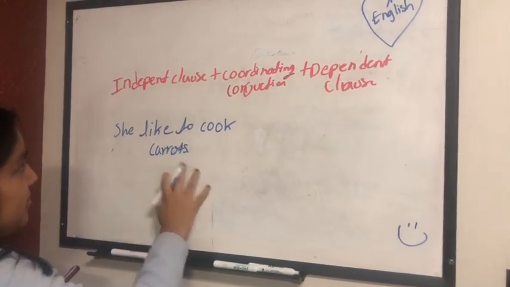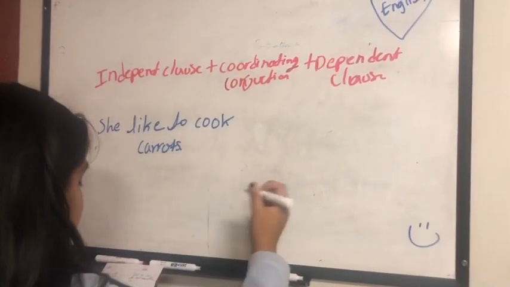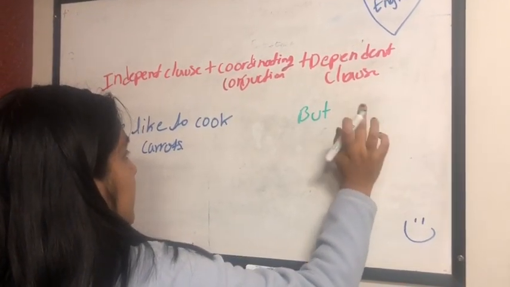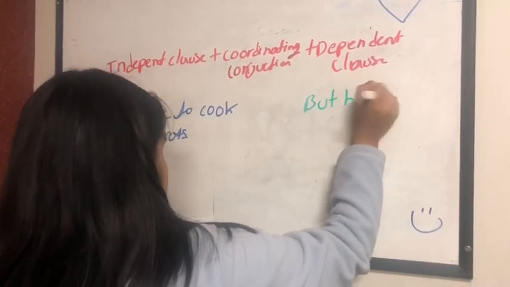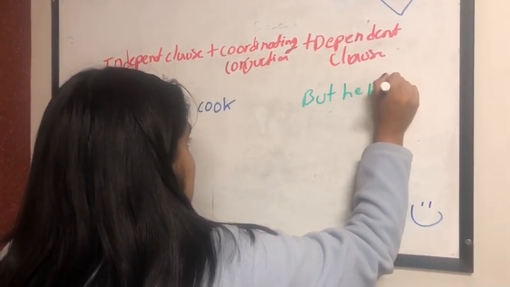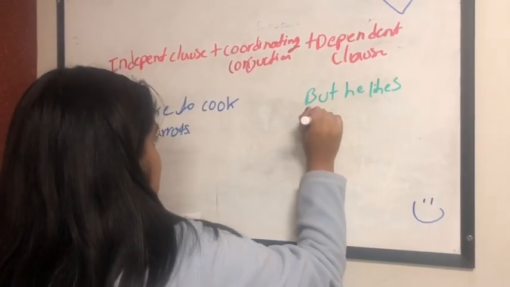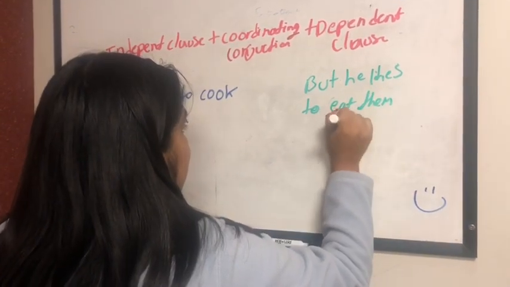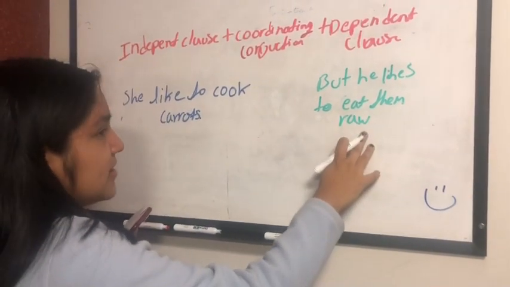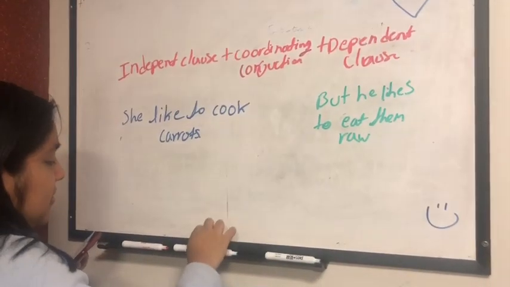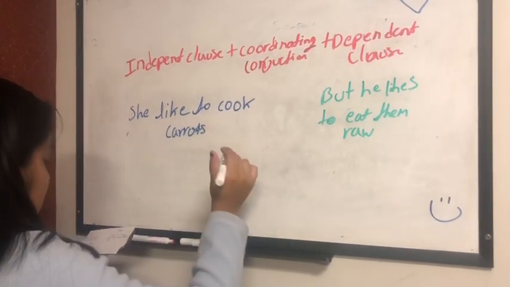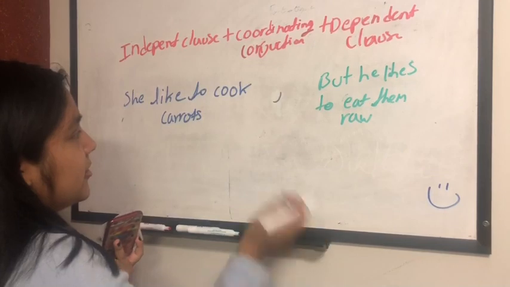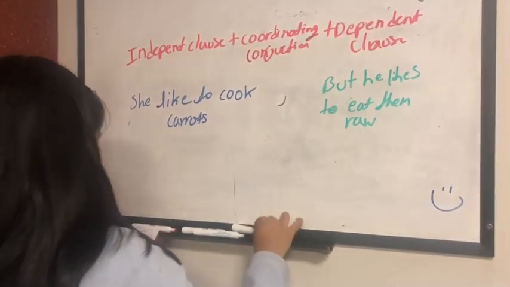Now this would be an independent clause, while this would be a dependent clause, which is but he likes to eat them raw. So this one can't stand alone, but this one can. And to put them together, you can put a comma, and these two would be a whole sentence.